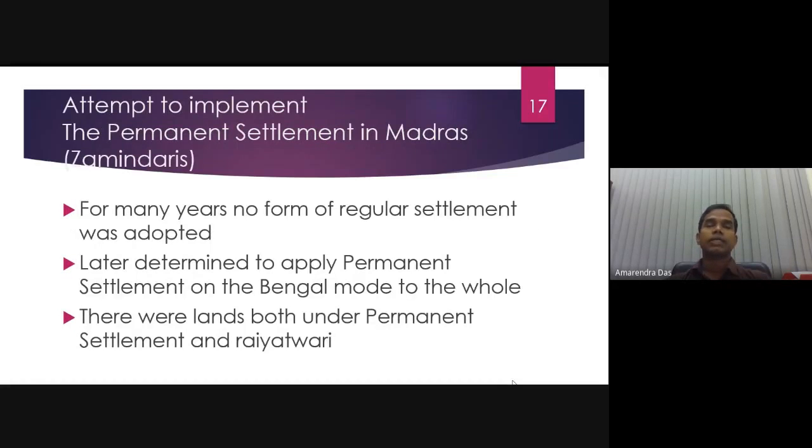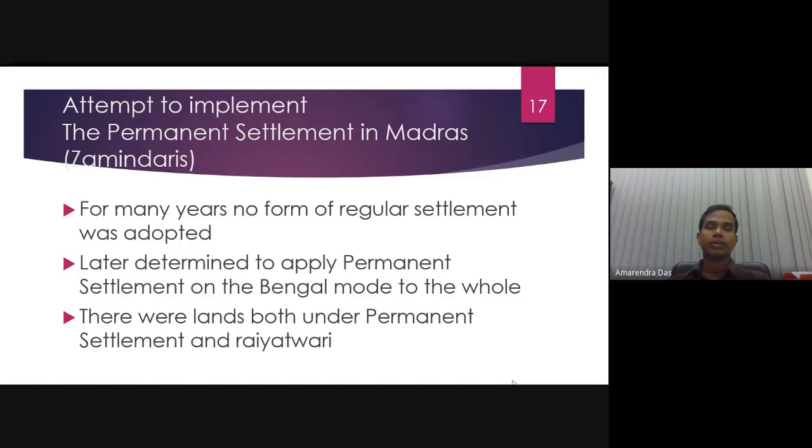And then we see that in the Madras presidency, the Zamindari land tenure system was different compared to the other presidencies. Initially, an attempt was made to introduce the permanent settlement like in the Bengal presidency, because for many years no form of regular settlement existed in the Madras presidency region, and later they determined to apply the permanent settlement of the Bengal mode to the whole Madras presidency.